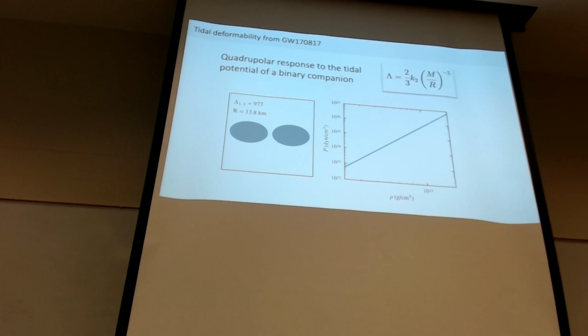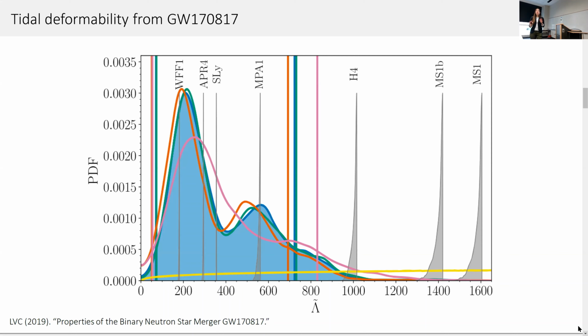You can also see shown here, the vertical lines are the predictions of various theoretical equations of state. So we can also do a case-by-case comparison to say that some classes of equations of state are less likely from this data.